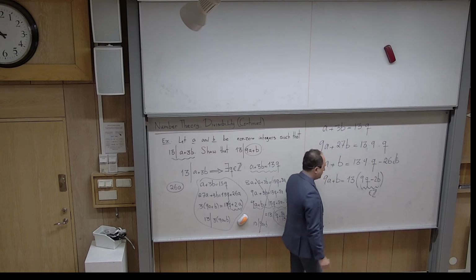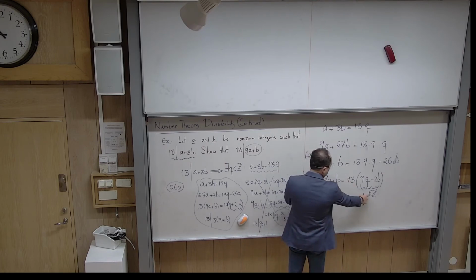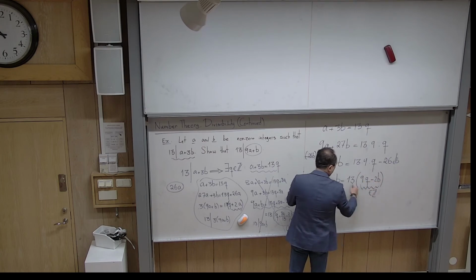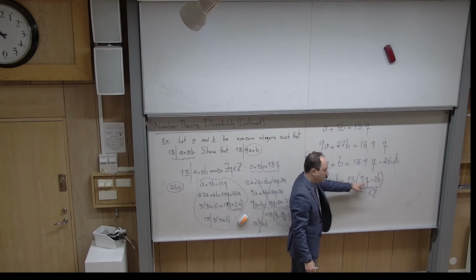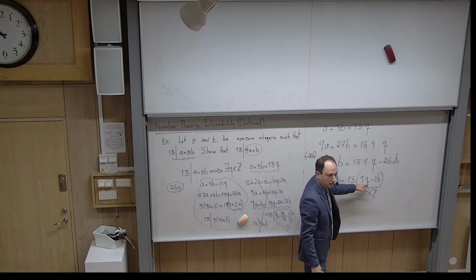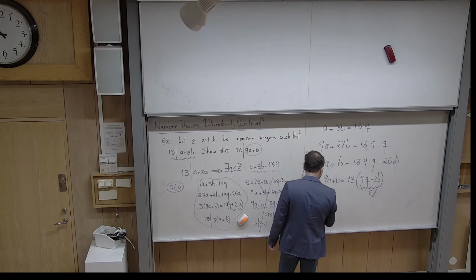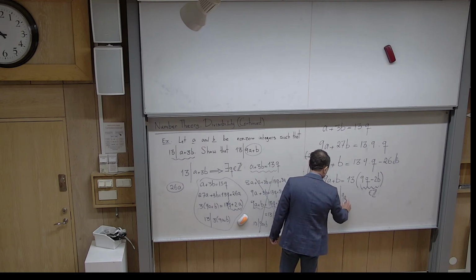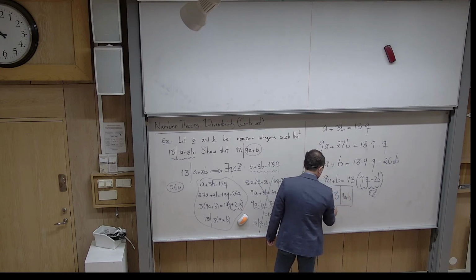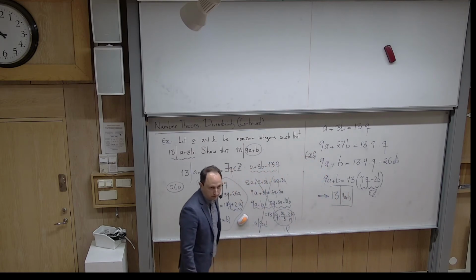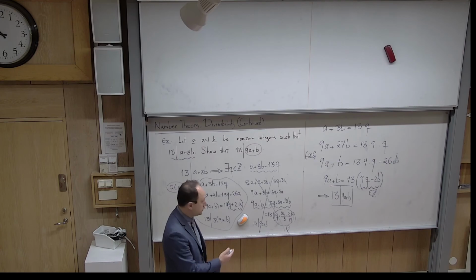So this number is an integer multiple of 13. How complicated the multiple is, I don't care. What I care is that it is just an integer. So I can immediately conclude that 13 divides 9a plus b, and then it worked. Okay, so we were able to solve that problem.